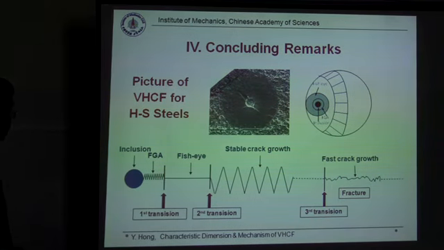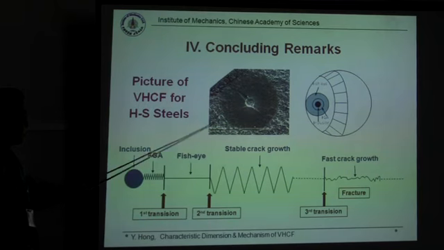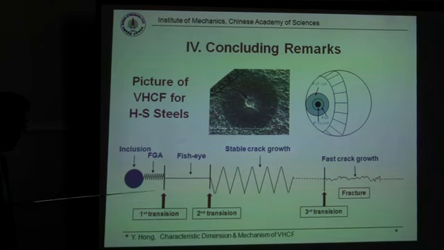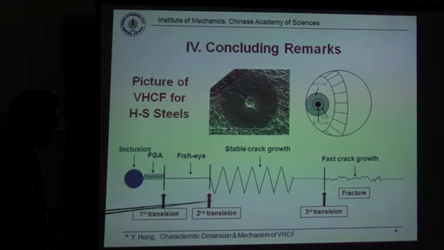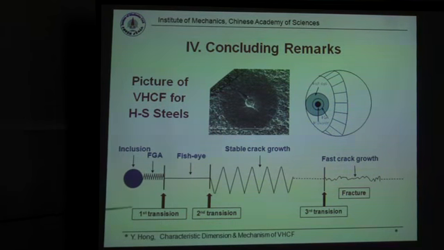So this is the final slide of my presentation. I just would like to show you a picture of very high cycle fatigue, which is due to the interior initiation. And there are three transition points for this kind of process. The first transition point is the most important. It is crack initiation.